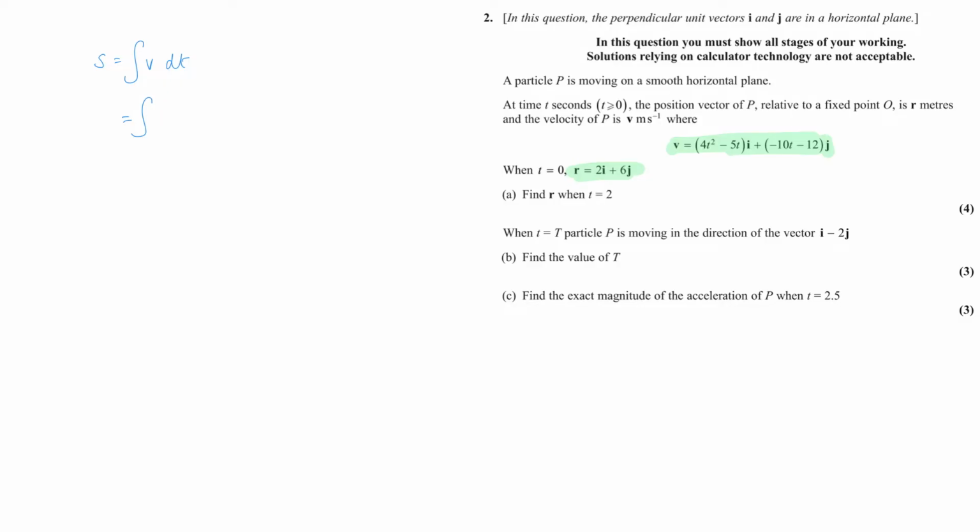So we're integrating 4t squared minus 5t I plus minus 10t minus 12j dt.